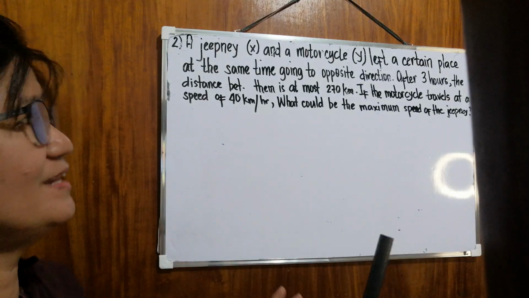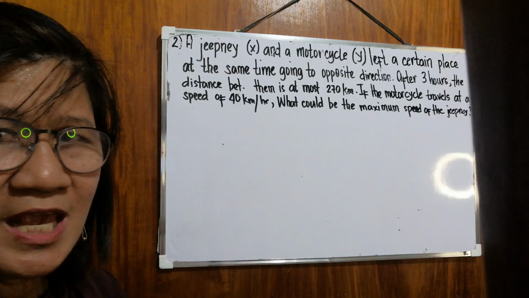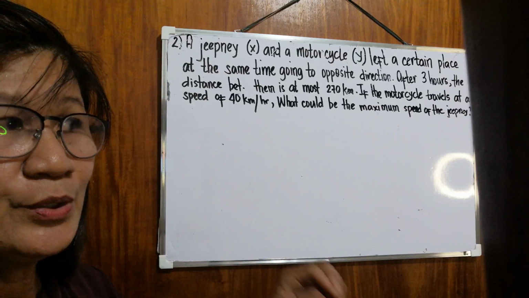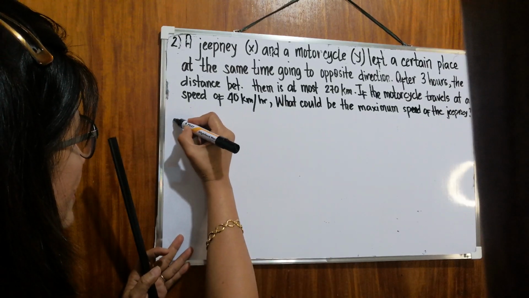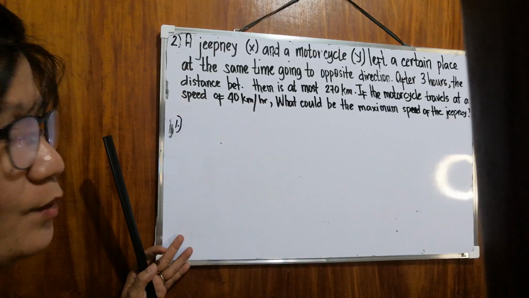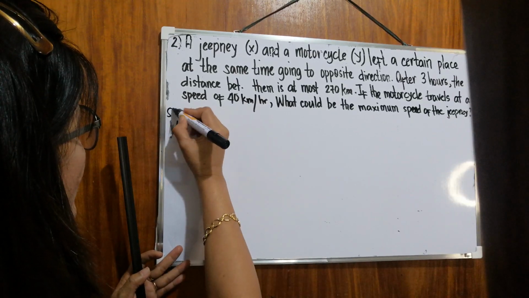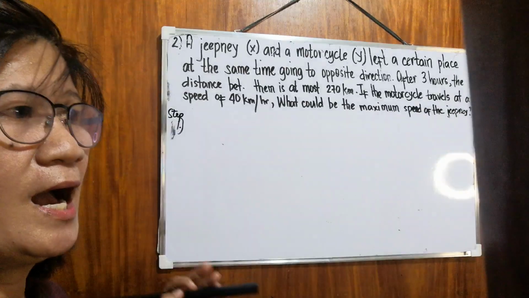Okay, so sana naintindihan natin yung problem. Pwede niyo namang ulitin, no? It is very important that you know or you understand the problem. Okay, so step number 1 tayo. Anong gagawin natin sa step number 1? We need to identify ano kayang variable ang angkop dito.